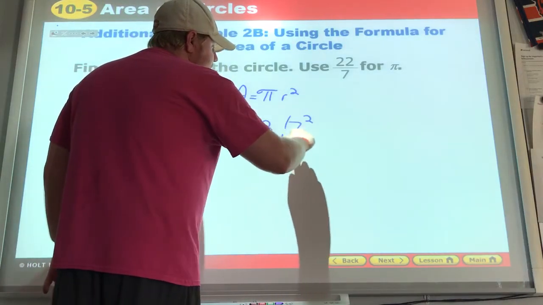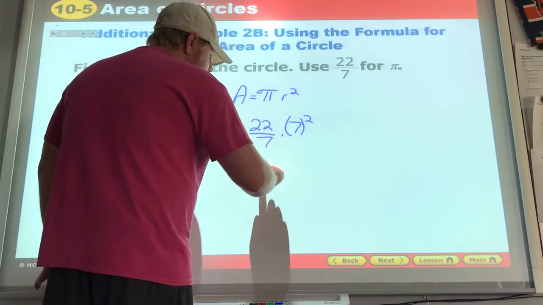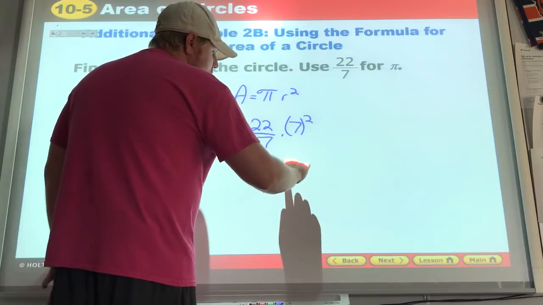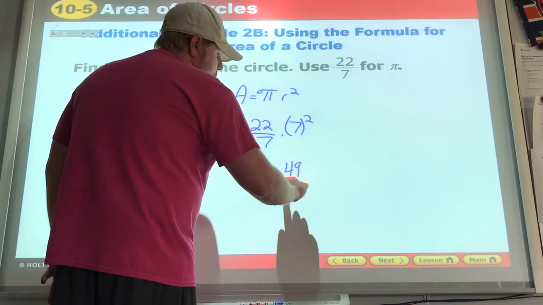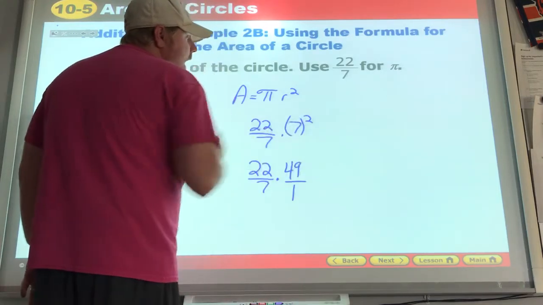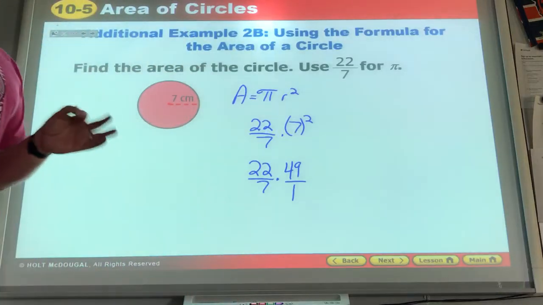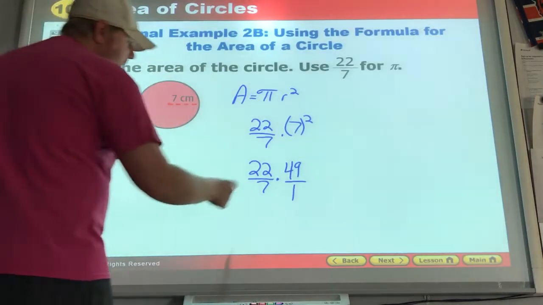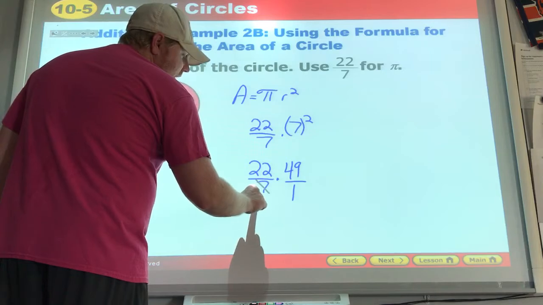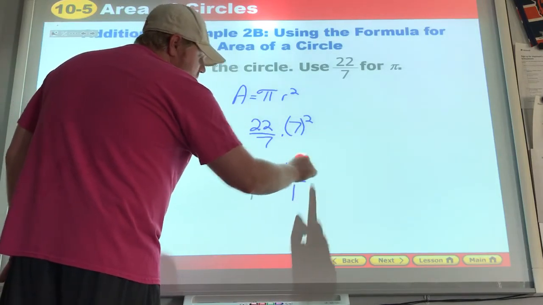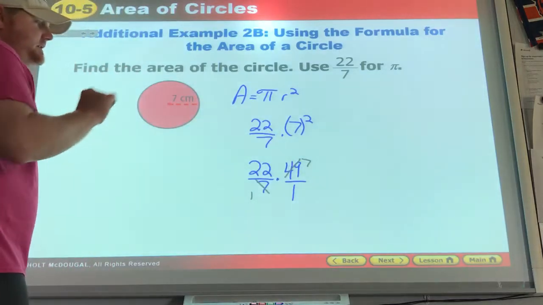7 squared. So 22 over 7 times 49 over 1. I multiplied 7 times 7 to get that. Now, we can reduce before we multiply. Divide 7 by 7, that's 1. 49 by 7, that's 7. So the top and bottom were both reduced by the same amount.